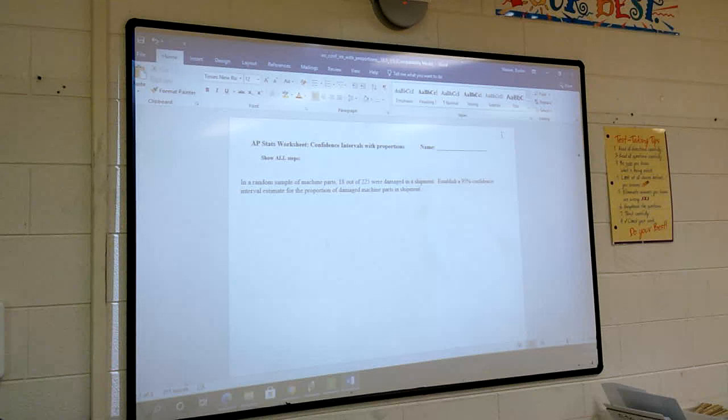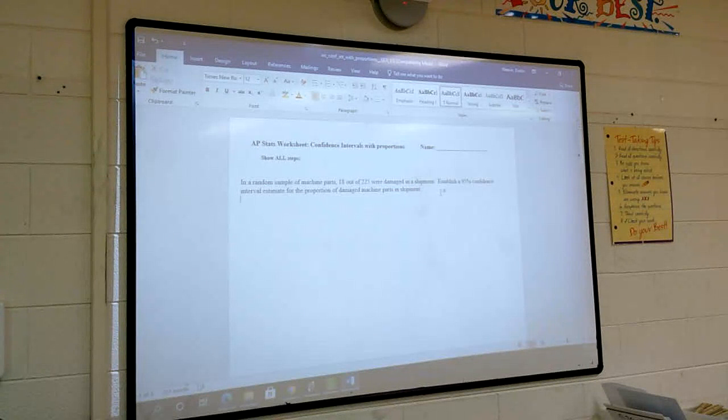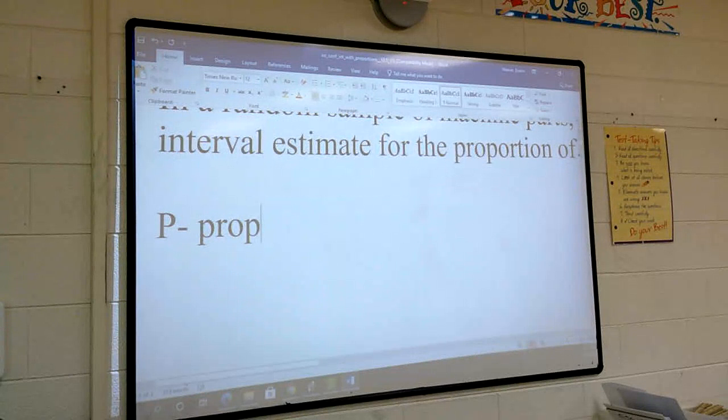And we have a sample, so we have a P hat. So you would want to write in that first part that P hat is 18 out of 225, okay? So in part 1, what is our parameter of interest?